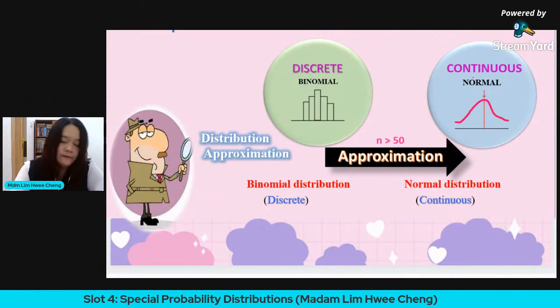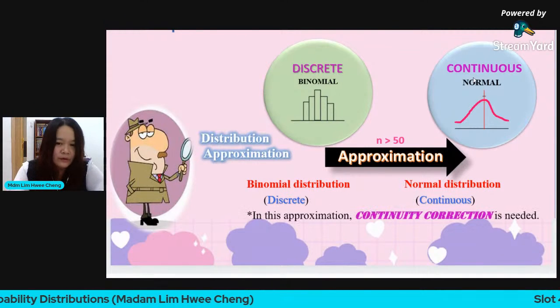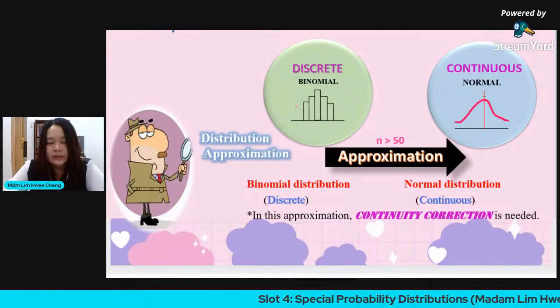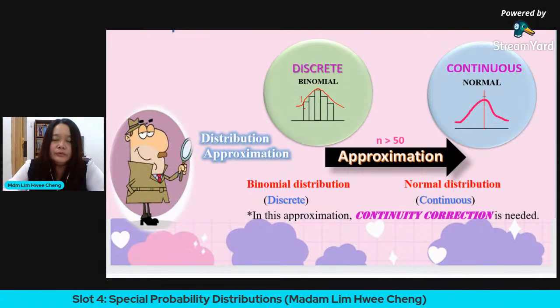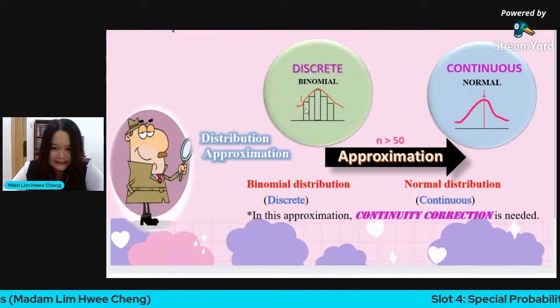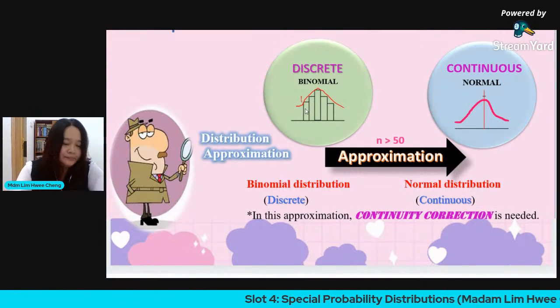This is why for this process we have to add a step that we call the continuity correction. When I change from the binomial to the normal, I need to do some adjustment. This adjustment we call the continuity correction.